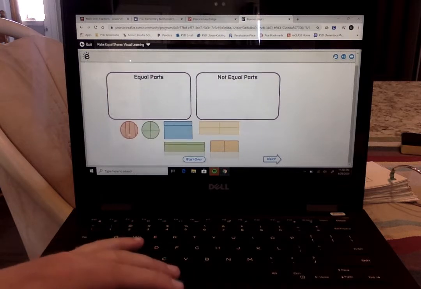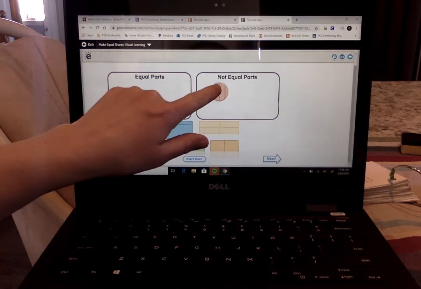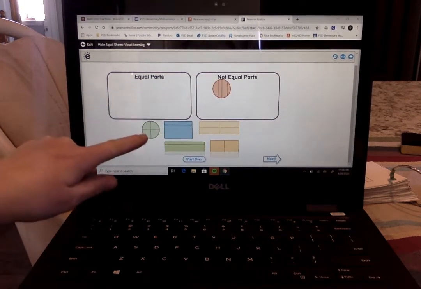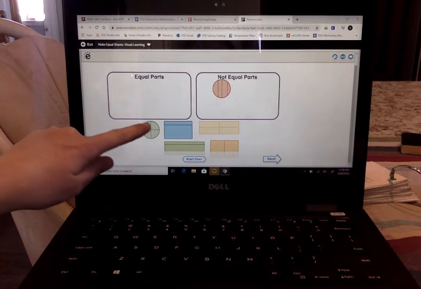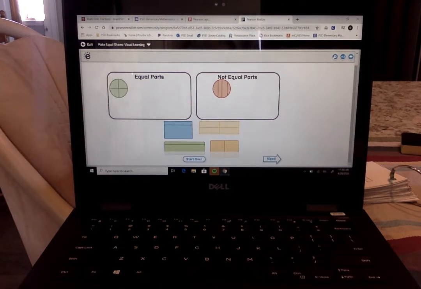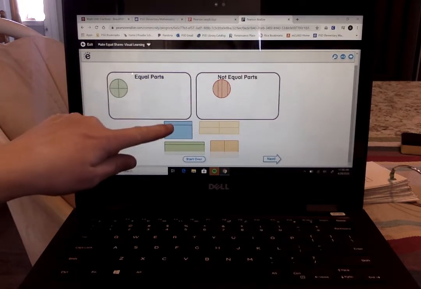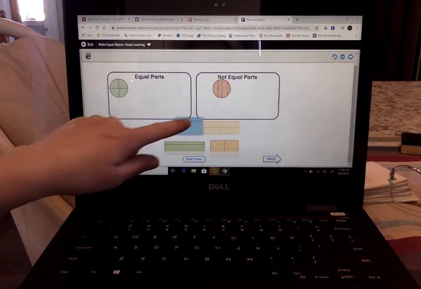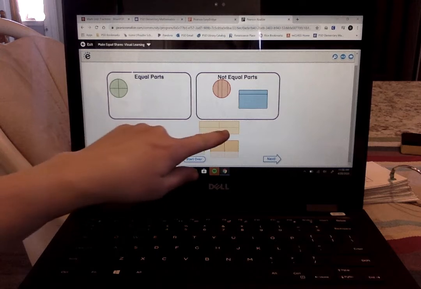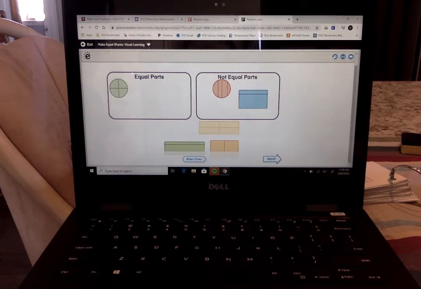So we said this guy, he's not equal. What about this one? Are those all the same size? You can do this with me. What about this guy? Those two shares, but are they equal? Are they the same size? No. What about this rectangle? 4 shares, are they all equal?